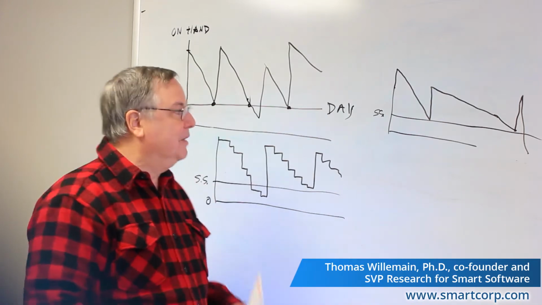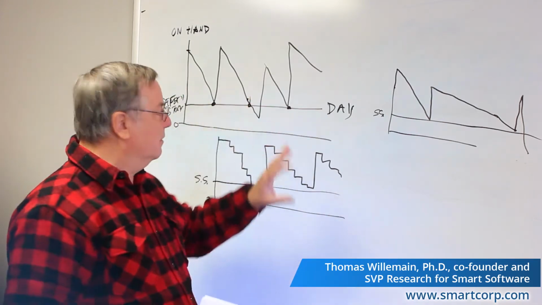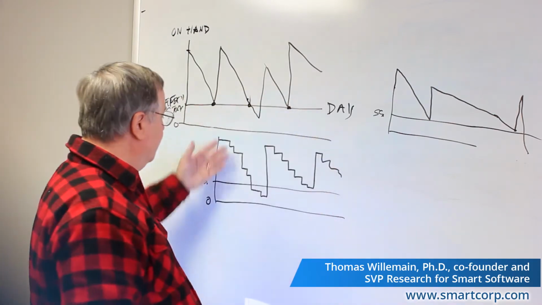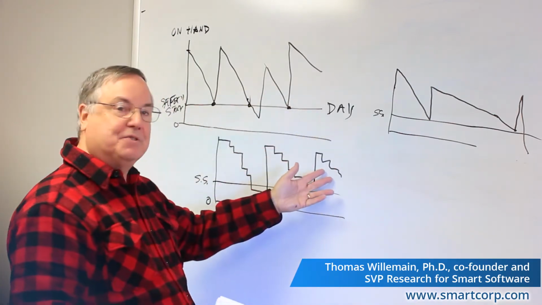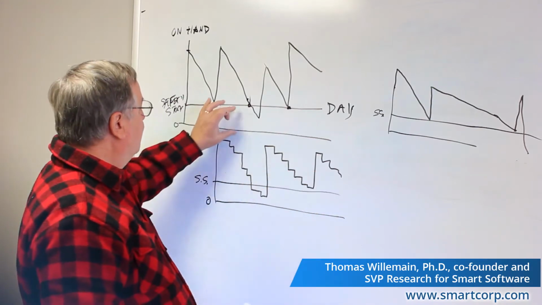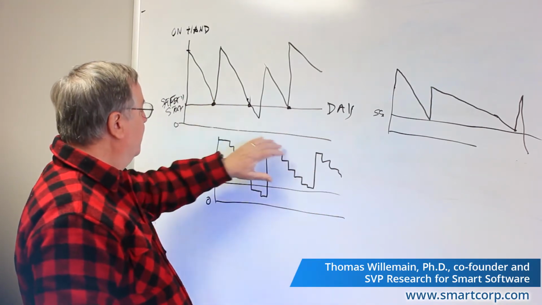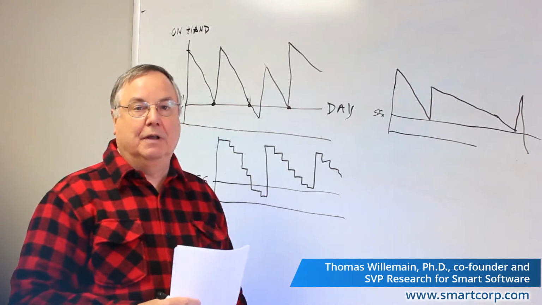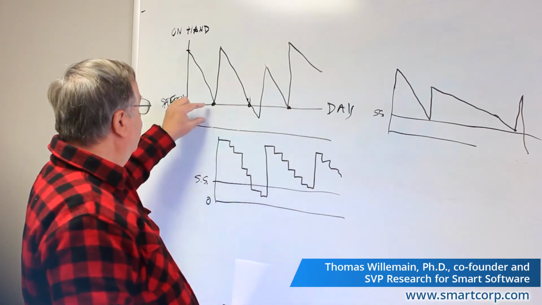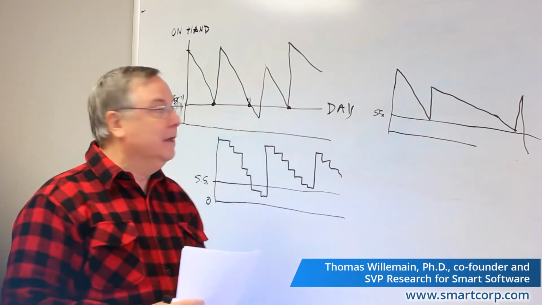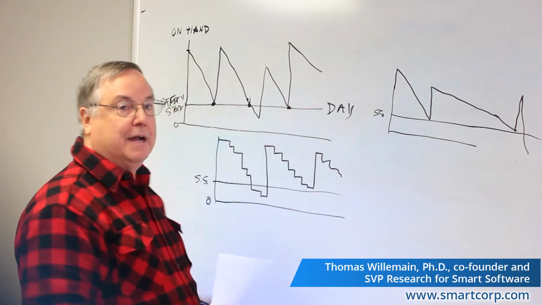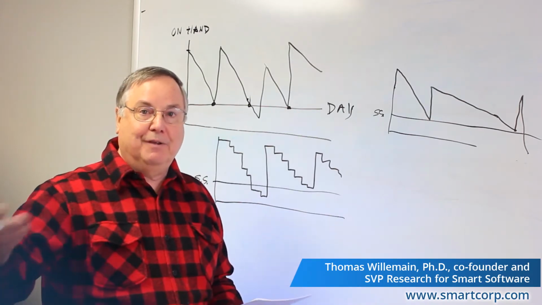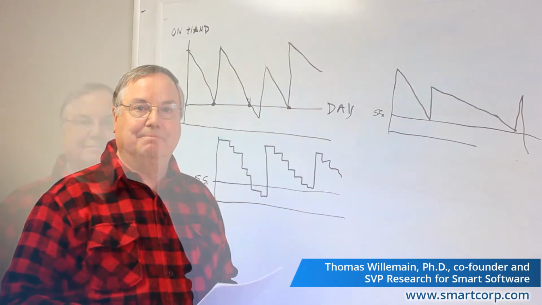So there are many ways that we can depict this, but the basic dynamics is we're going up and coming down, we're really going in discrete steps most of the time, and we want to have a buffer above zero so that we can avoid stockouts. And of course we want to talk about how you calculate this safety stock and when we ask for replenishment and how much we should ask for. So that will be the next thing on our agenda.